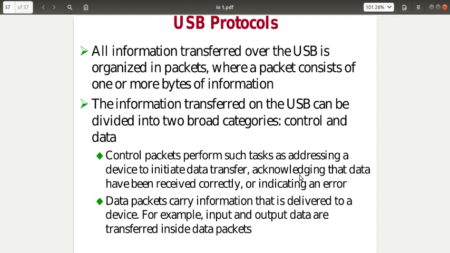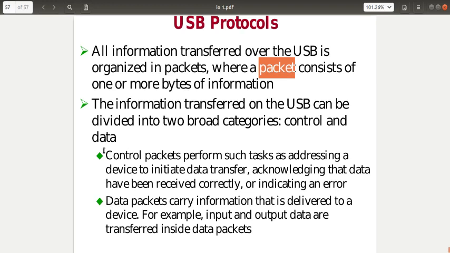Again, this being serial and asynchronous communication, data is sent in the form of packets, and each packet will have data parts, and the data will have some sort of overheads.